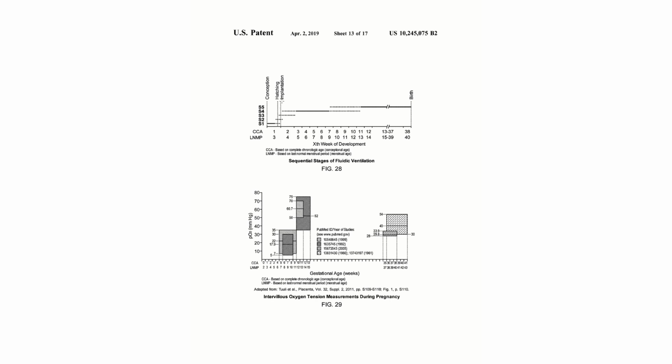There are different stages, but right now we're looking at the early stage, when the composition is going to be very similar to oxygenated maternal blood plasma, and there are different oxygen tension measurements throughout pregnancy, so it's age specific.